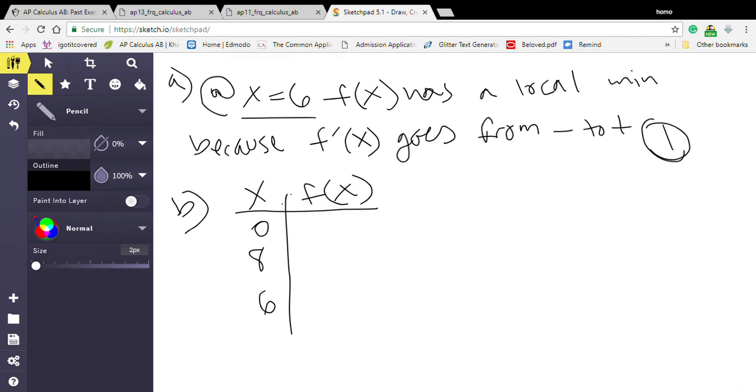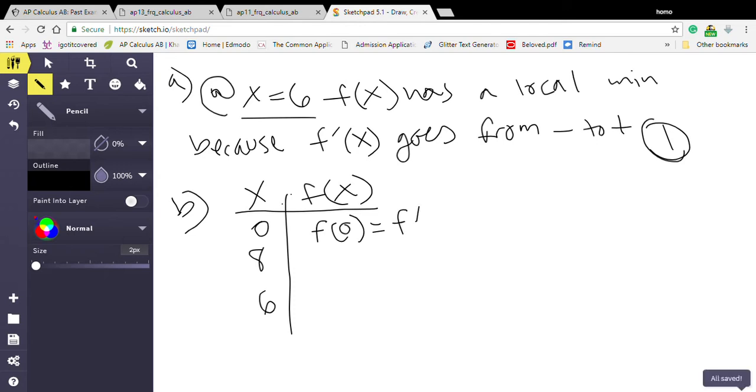Now we are trying to find f of 0. For that we have to use the fundamental theorem, which uses initial conditions.